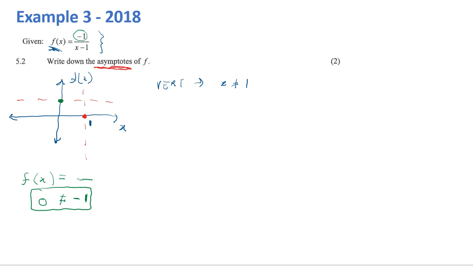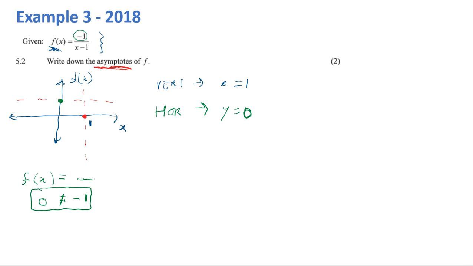This can never be, and so that is a candidate for a horizontal asymptote. So the horizontal one is at y equals 0. And this I should correct, because x equals 1 is the vertical asymptote.